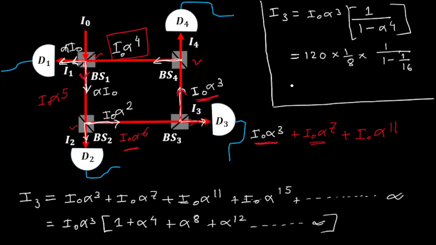If you simplify these things, you will get 16 watt per meter square.